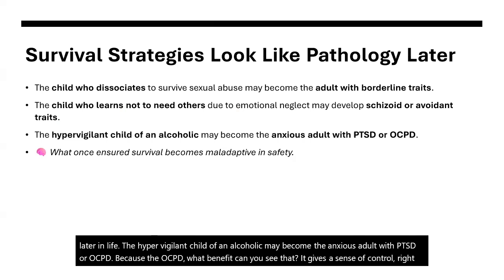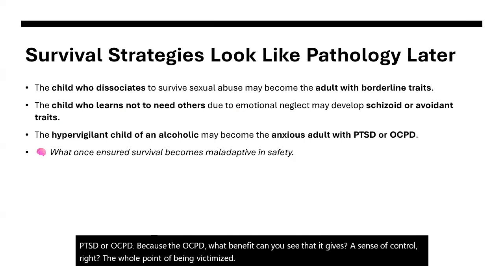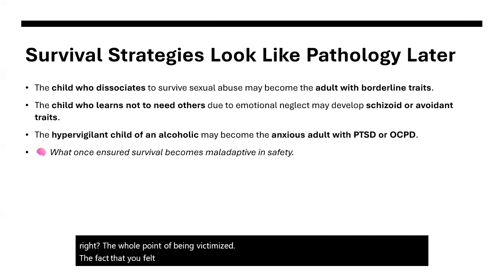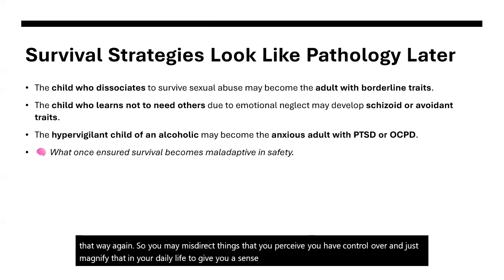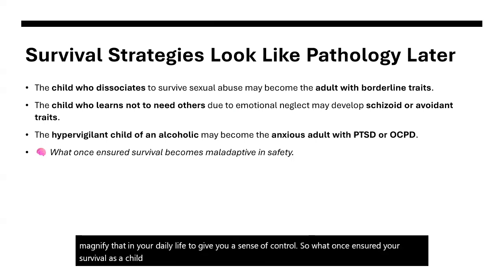The whole point of being victimized is the fact that you felt powerless for an extended period of time, and you never want to feel that way again. So you may misdirect things that you perceive you have control over and just magnify that in your daily life to give you a sense of control. So what once ensured your survival as a child or a younger person now becomes maladaptive because you're not in imminent danger and you're still acting like you are.